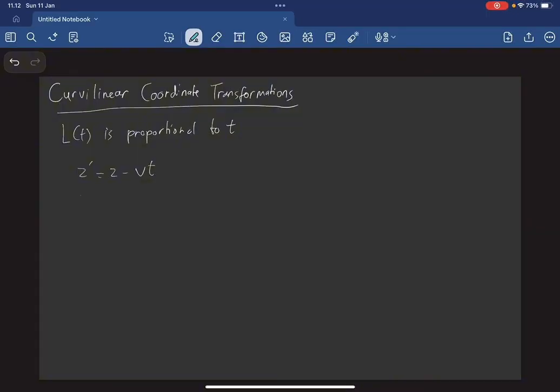So if we draw the figure here, this is where Z equals 0, Z prime equals 0, and this is where Z equals 1.